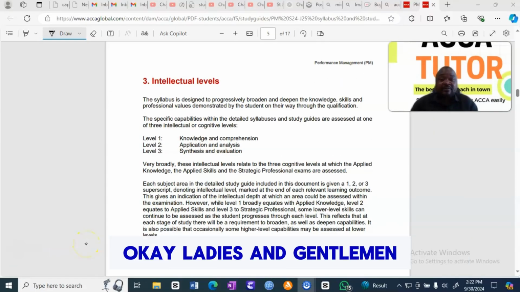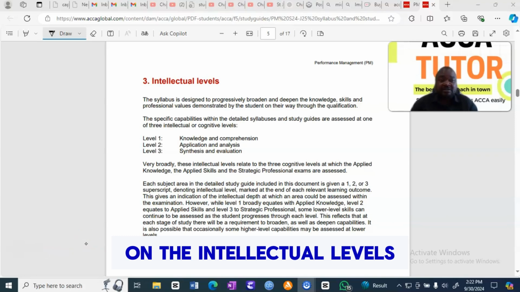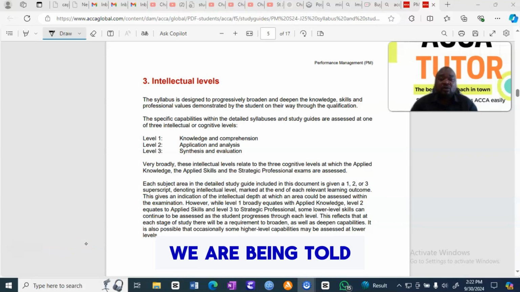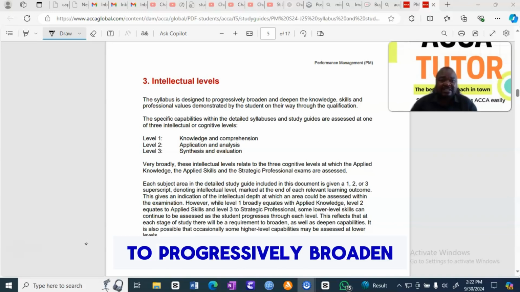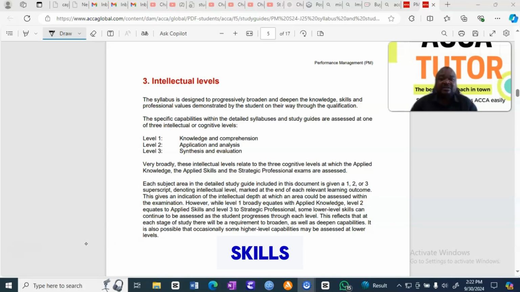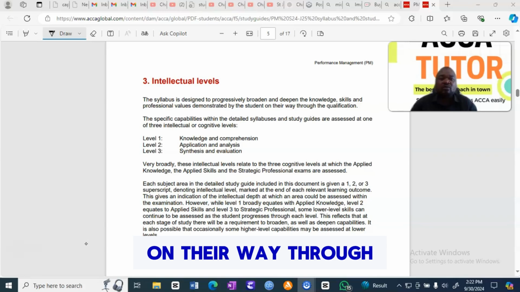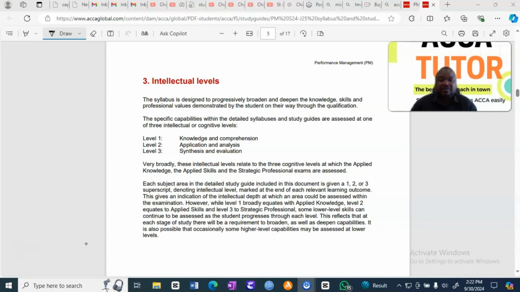Okay, ladies and gentlemen, on the intellectual levels, here we are being told that the syllabus is designed to progressively broaden and deepen the knowledge, skills, and professional values demonstrated by the student on their way through the qualification.